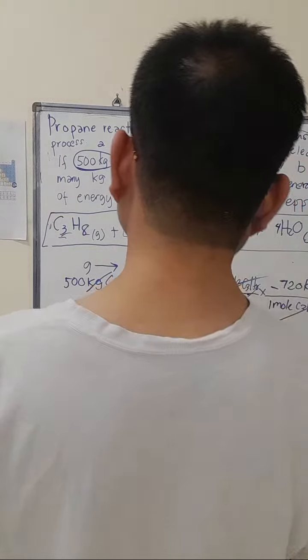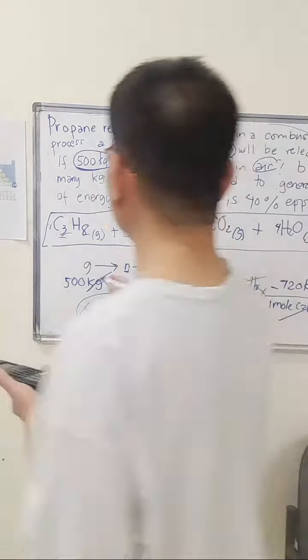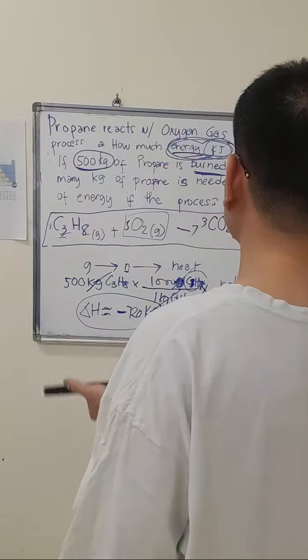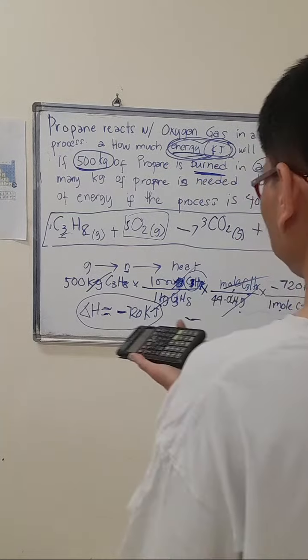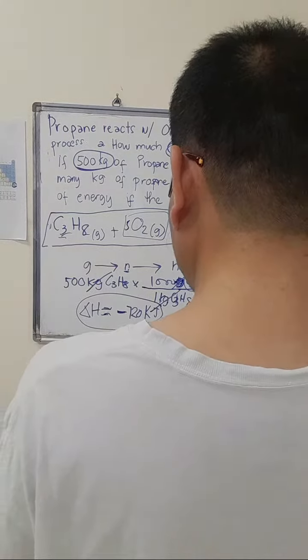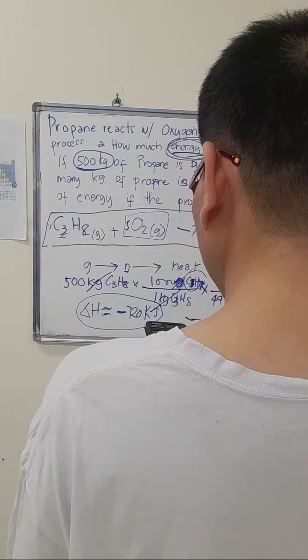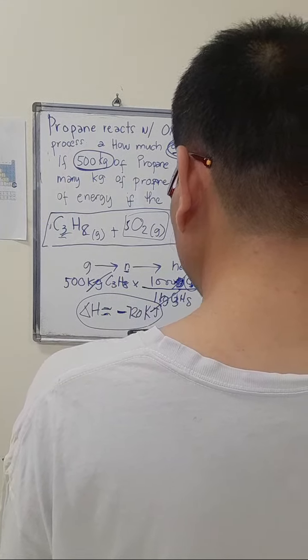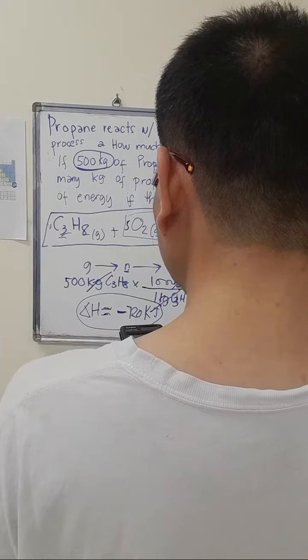If you think that is a very high value, then you must review again. 500 kilogram, 1 kilogram is 1,000 gram, 44 gram is 1 mole, it's really correct. So this is going to be a huge heat released to the surrounding, right? 720 times 500 times 1,000, divided by 44.06 for the molar mass, guys.